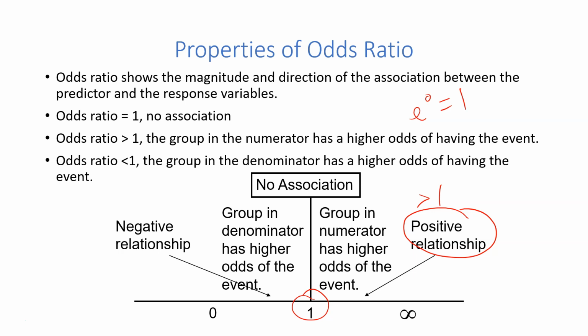If the odds ratio is less than 1, then the predictor and the odds or probability of the case belonging to the success class would have a negative relationship. That is, if the value of the predictor variable increases, the odds or probability of belonging to the success class decreases. The diagram in this slide illustrates these key points related to odds ratio.